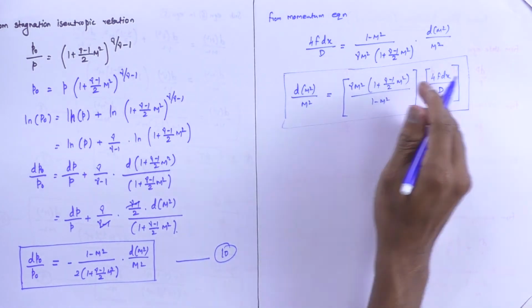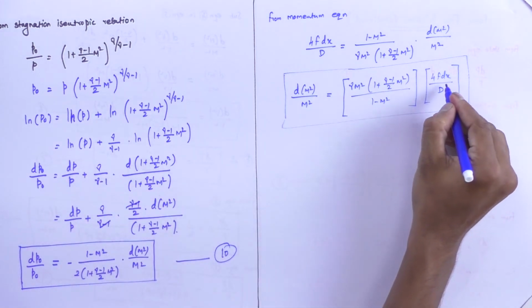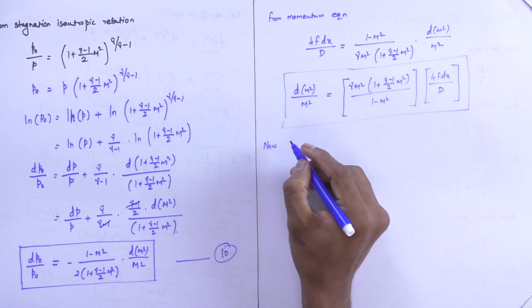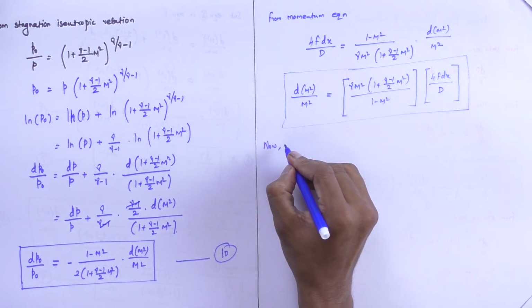So, now we can represent all the flow property variations as a function of dx. Now rewrite everything in terms of dx.